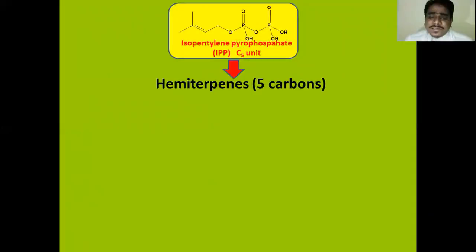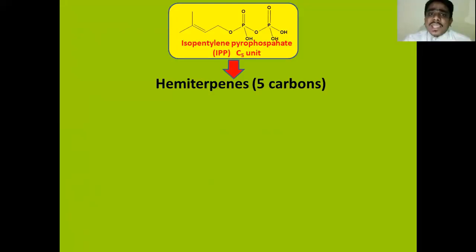Let us look at the different precursors for formation of the terpenes. There are different types of terpenes: hemiterpenes, monoterpenes, sesquiterpenes, diterpenes, sesterterpenes, and the triterpenes.